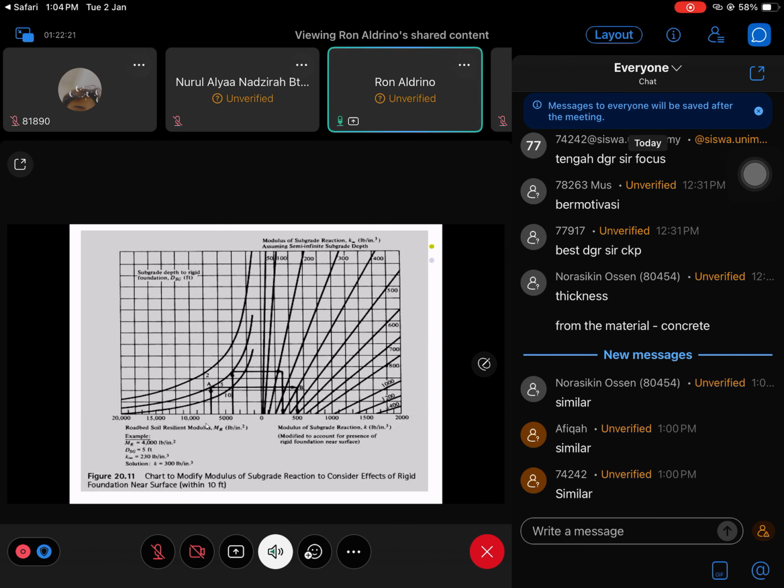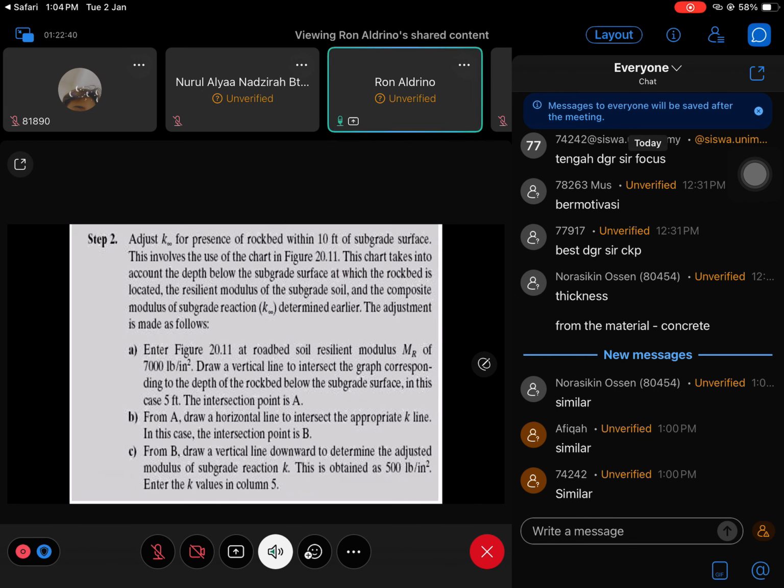As you can see here, from your MR, you draw up, and you get about 4,000 pound. So your intersection point is A.